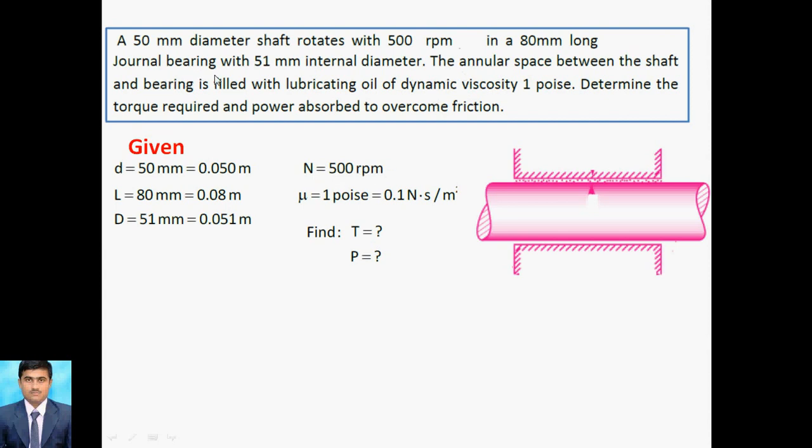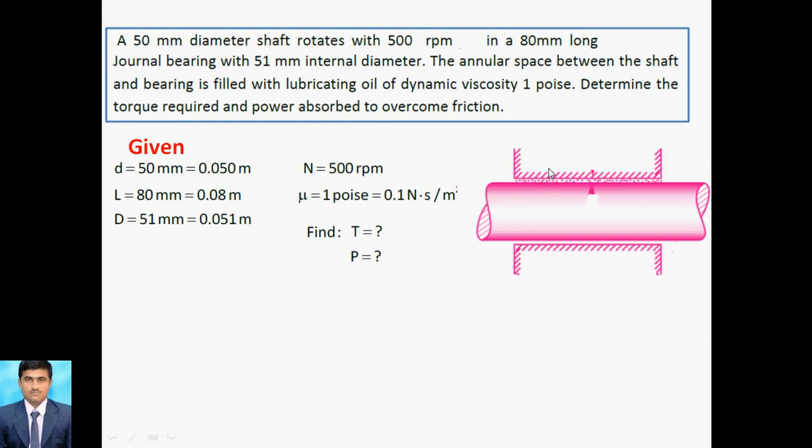Then the journal bearing has a diameter of 51 mm. So capital D is 51 mm, and the annular space between the shaft and bearing is filled with lubricating oil.